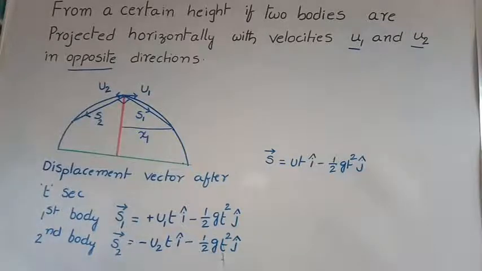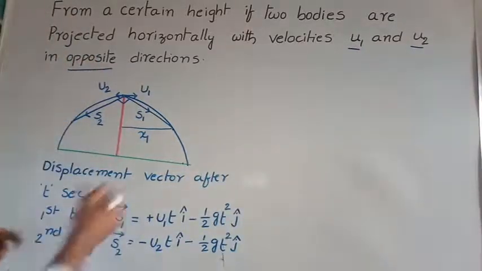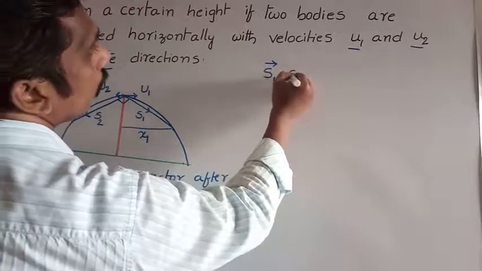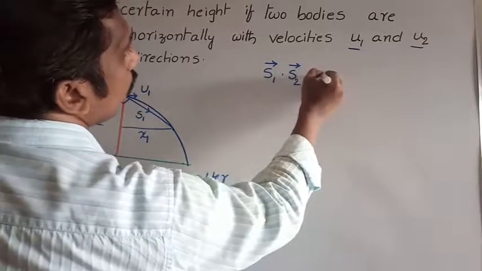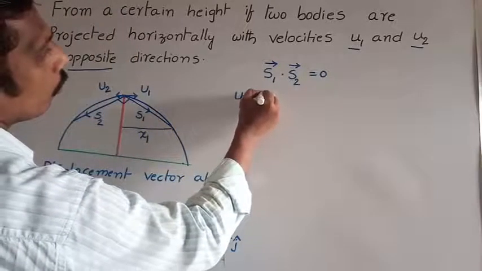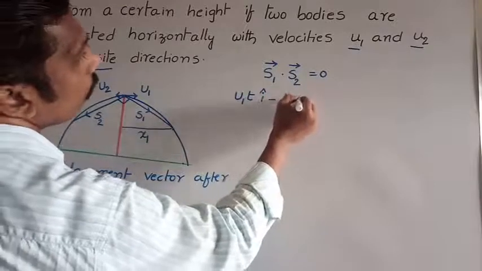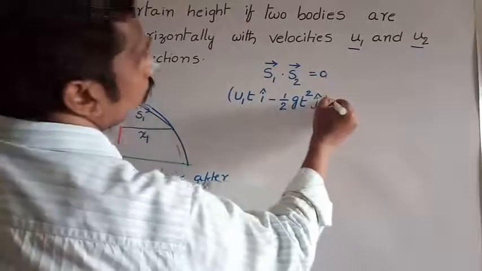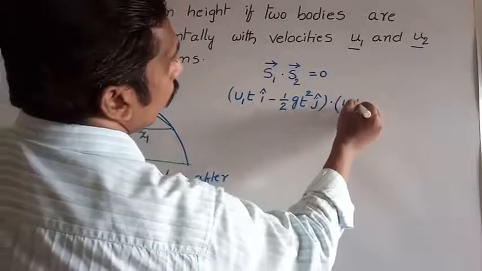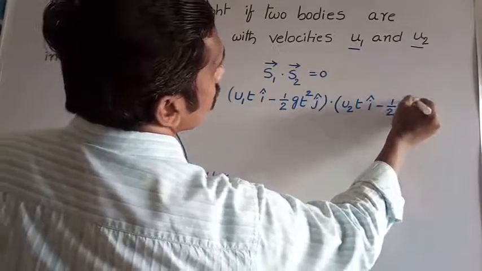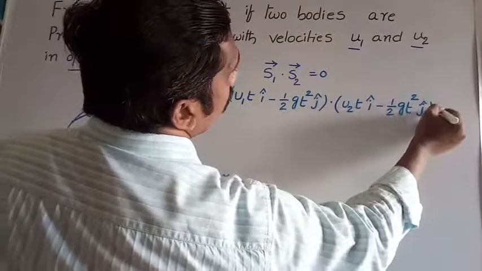If the displacement vectors are perpendicular, then the dot product is equal to 0. We know that condition. That's why S1 bar dot S2 bar is equal to 0. S1 bar is u1 into t i cap minus 1 by 2 gt square into j cap, dot, minus u2 into t i cap minus 1 by 2 gt square into j cap, is equal to 0.